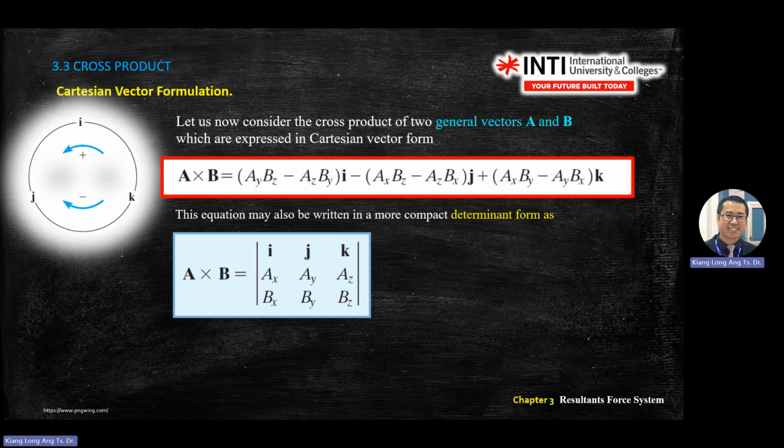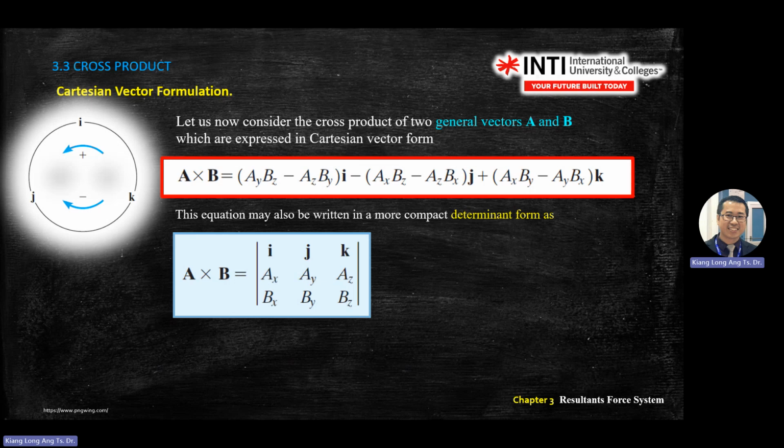Okay, I'll demonstrate one time how to get this. You want to get I, you put your finger there. Then you only have J and K. So what do you do?